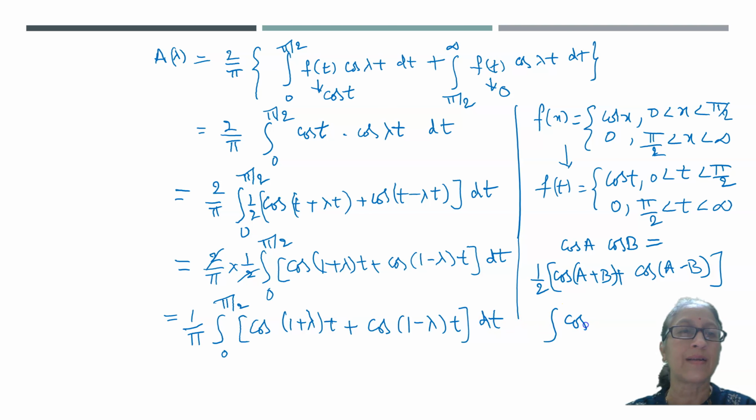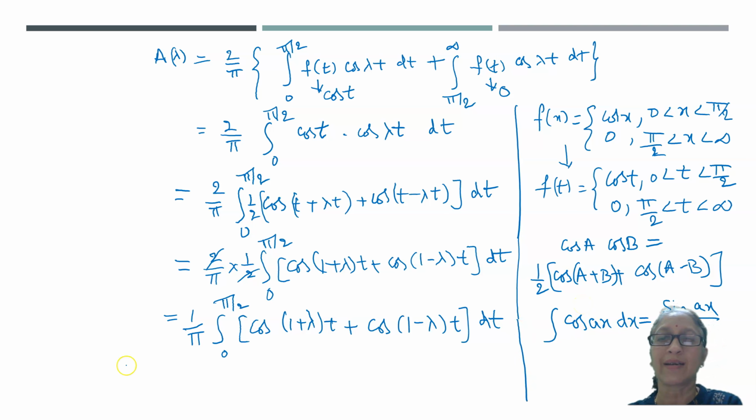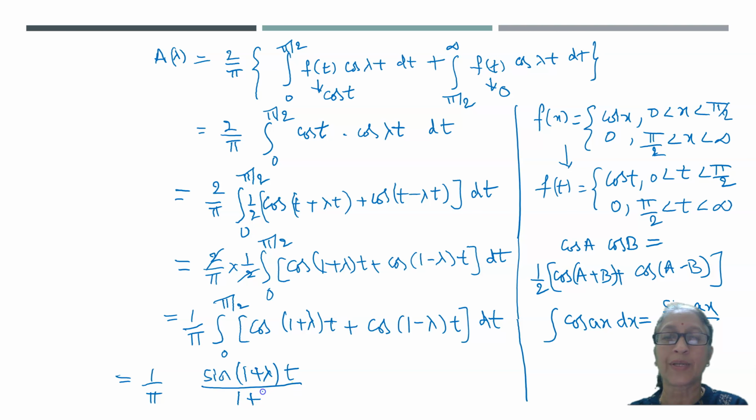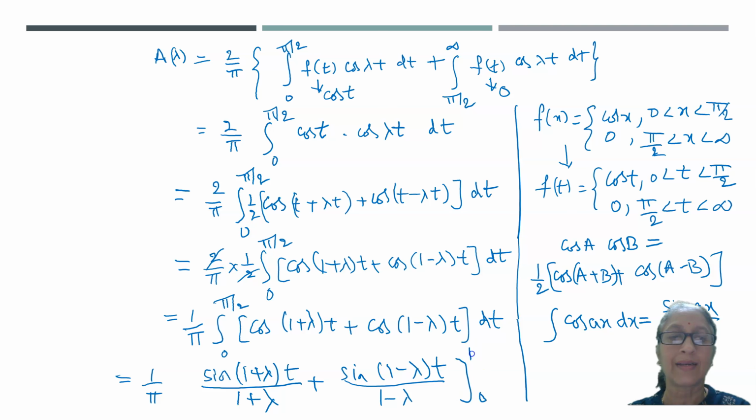Now the integral of cos(ax) dx equals sin(ax) upon a. If you use this formula here, you get 1 by pi times sin((1 plus lambda) t) upon (1 plus lambda) plus sin((1 minus lambda) t) upon (1 minus lambda), under the limits 0 to pi by 2. Now apply these limits.